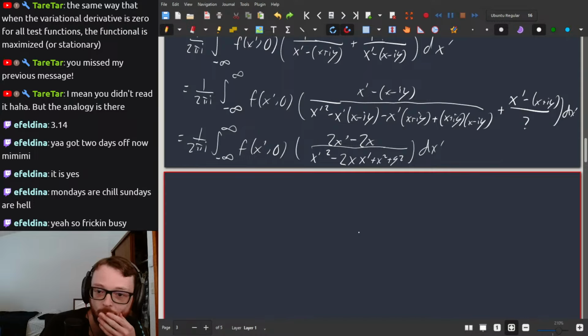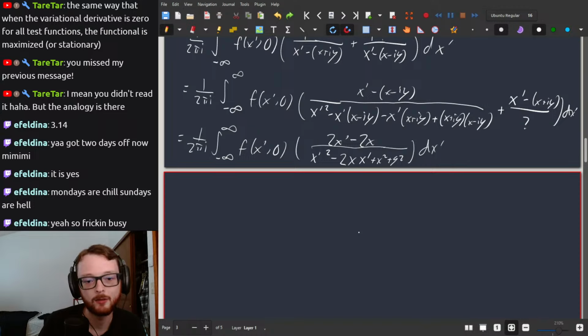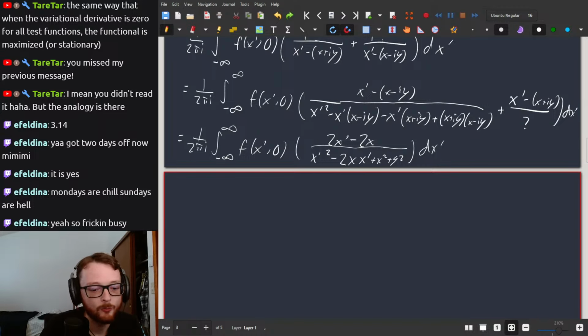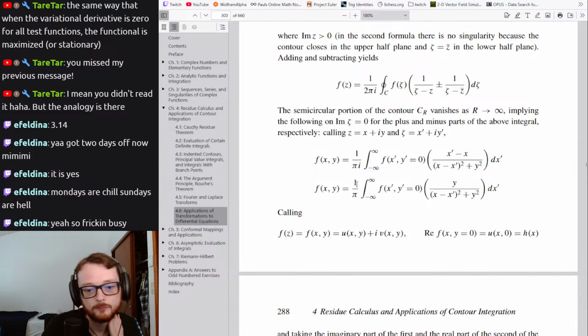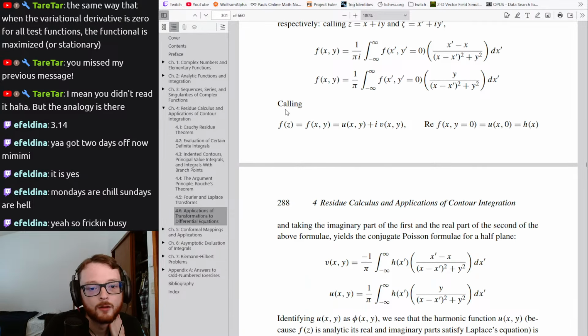The x's cancel. So we get iy plus iy is 2iy. Okay, yeah, okay. It is what I thought it was. Now calling f of z equal to that. Oh.